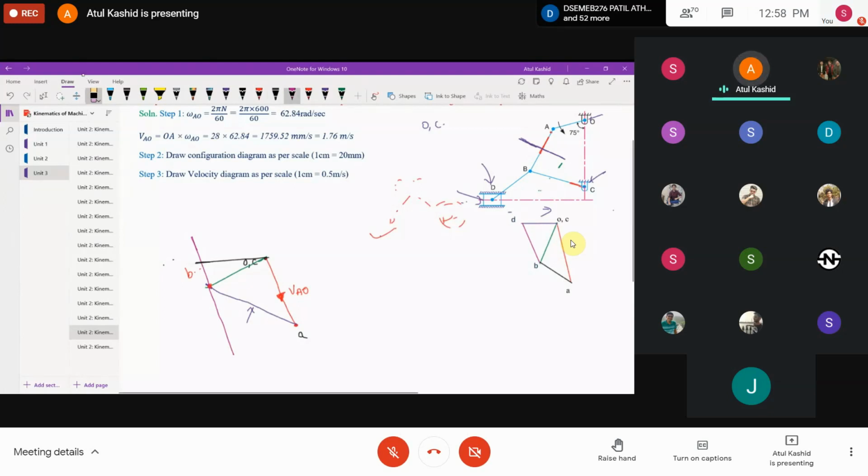And we can see they are intersecting at one point, and this point is our point P. So all the additional parts I'm going to erase. So this part, then this part. So this is our velocity diagram.